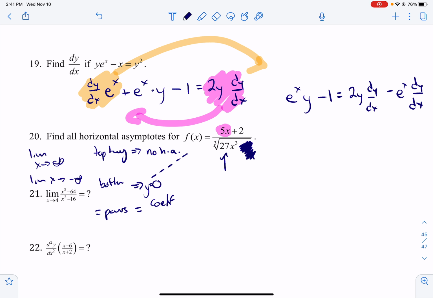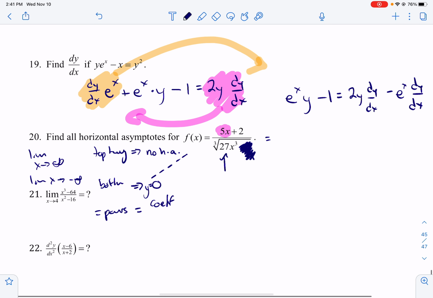That disappears. So I'm left with the cube root of a cube. So really I have 5x on top, and if I take the cube root of that cube, I have 3x on the bottom. So my powers are the same, which means I'm going to be looking at my coefficients.